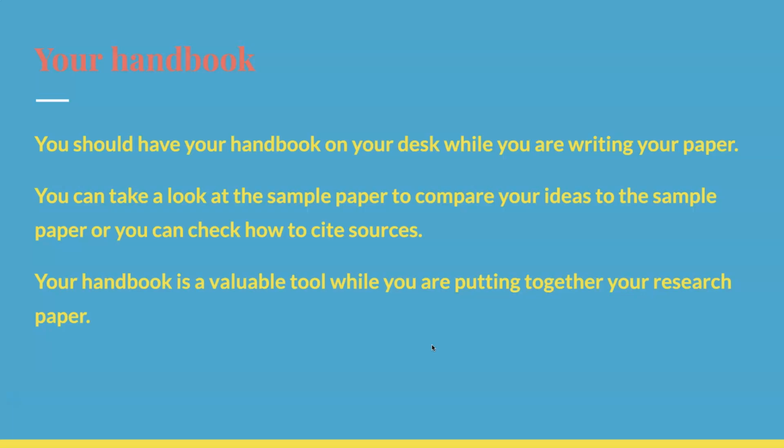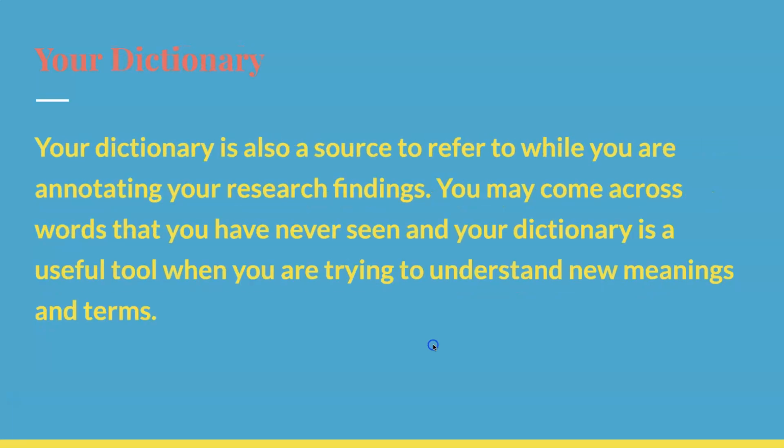Your works cited page has to look exactly like the sample works cited page in the handbook, and your paper must be formatted exactly like the sample. If it's not, it's not going to get a passing grade, because 50% of your grade will be based on MLA format.